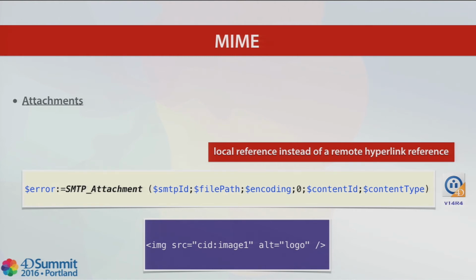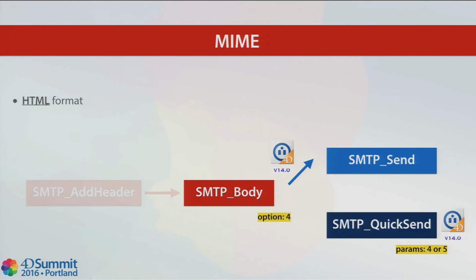So instead of having a hyperlink that lets the email application fetch the image over the network, the image is all packaged in the email body, and the image will appear embedded in the message, which is actually what I did in the first demonstration. Again, these are not exclusive to the send command. You can use all of these technologies using the QuickSend command.